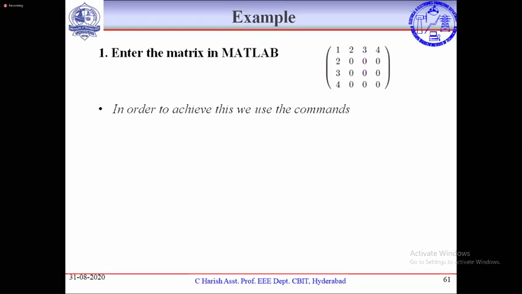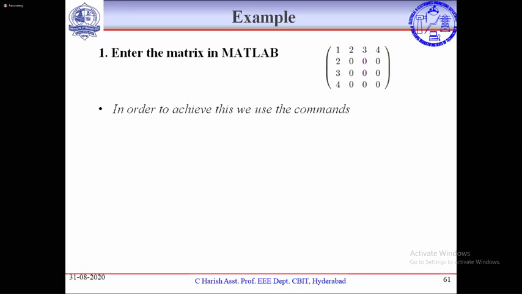You can directly assign that matrix. A equal to square brackets, 1 2 3 4 semicolon 2 0 0 0 semicolon 3 0 0 0. Okay, this is one type of assigning the values.